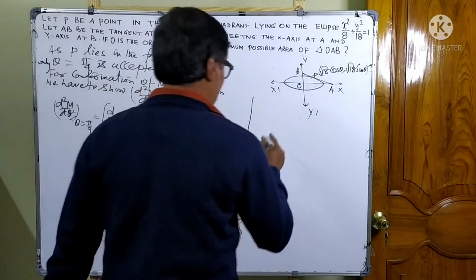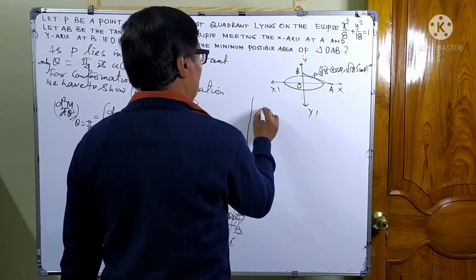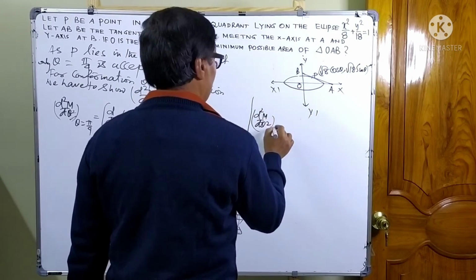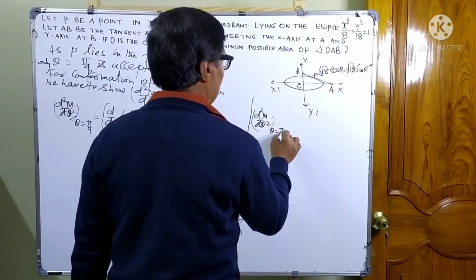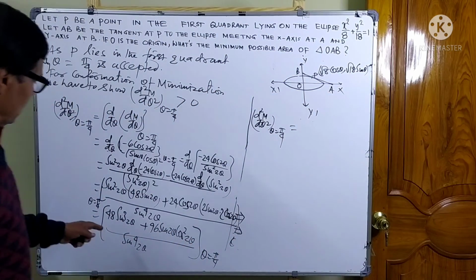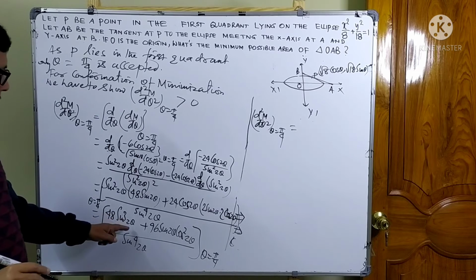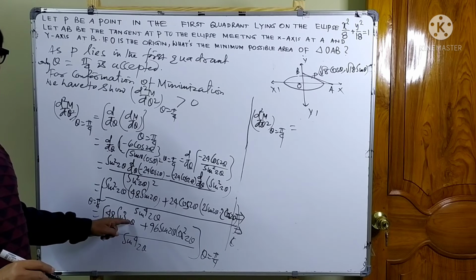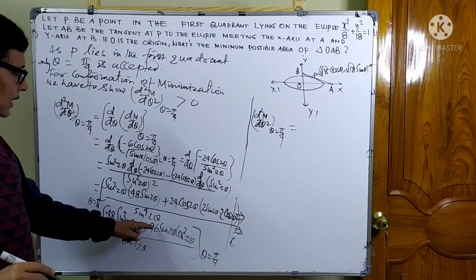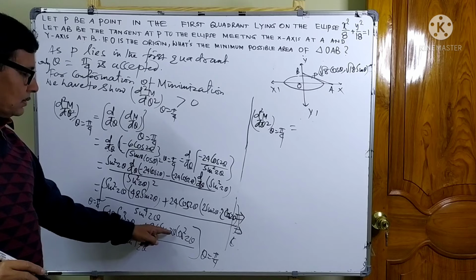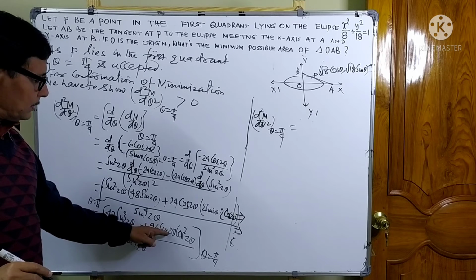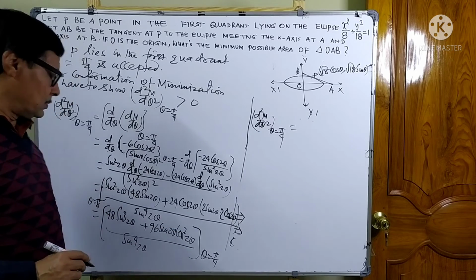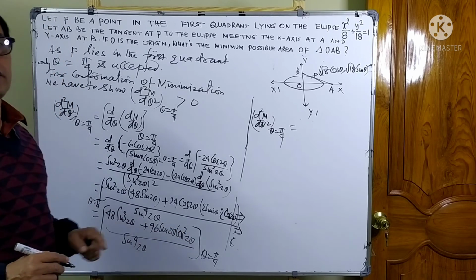So, the value of d2m d theta 2 at theta equal to pi by 4: that is, 2 theta is pi by 2, and sin cube pi by 2 is 1. In the term 96 sin 2 theta cos square 2 theta, sin pi by 2 is 1, but cos square pi by 2 is 0.